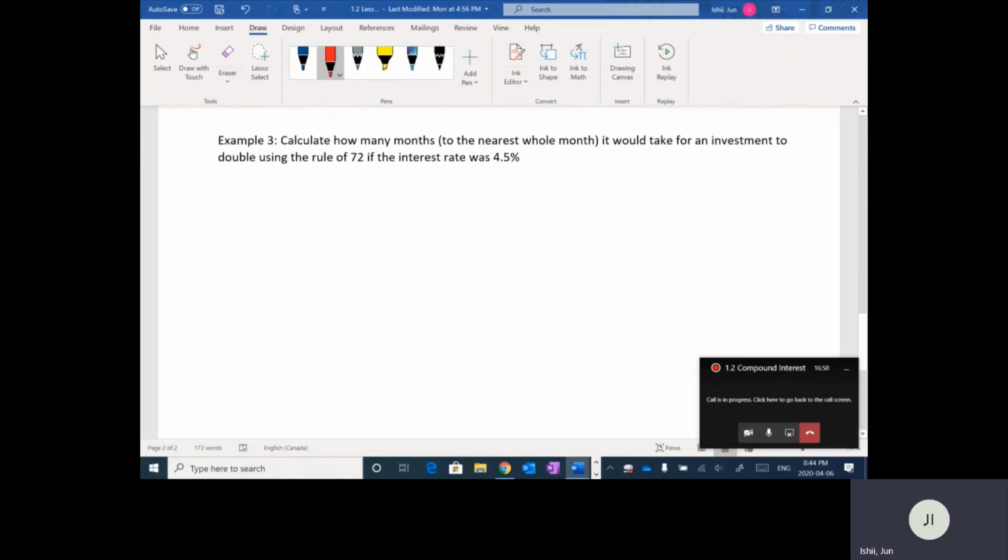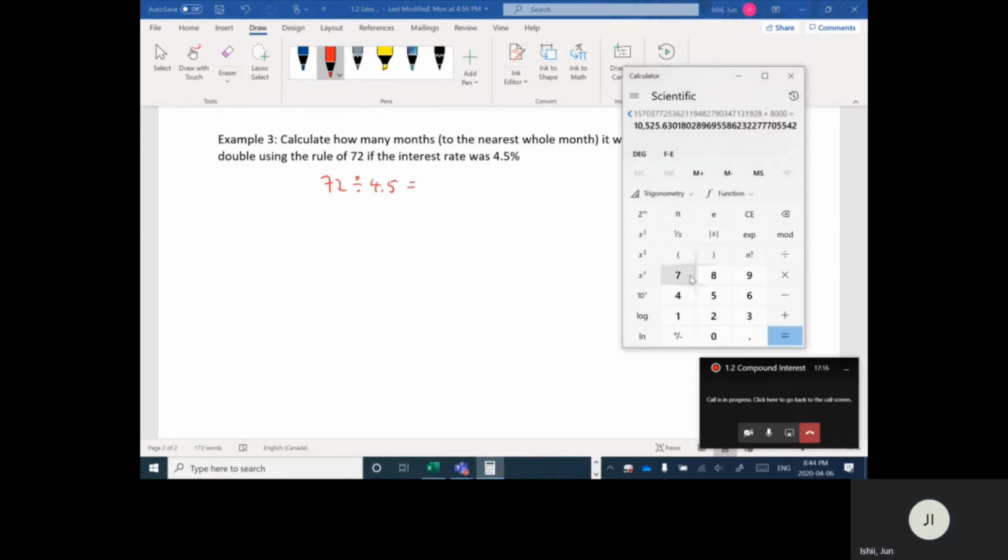Let's go to the next example. We want to calculate how many months to the nearest month it would take for an investment to double, using the rule of 72 if the interest rate is 4.5%. Real simple. All you're going to do is take 72 and divide it by 4.5, and when we punch that into the calculator, we get 16.